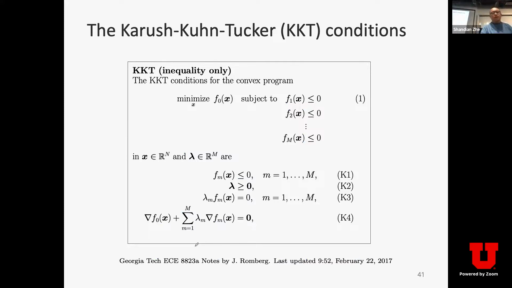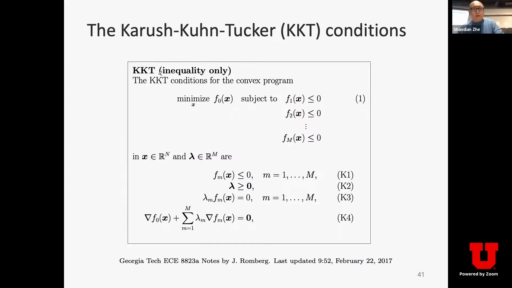So let us look at what the KKT conditions are. Here we're just talking about KKT conditions for a convex problem, or constrained convex problem. There are general KKT conditions, meaning what the KKT conditions are for any constrained optimization problem. Here we only focus on convex programs because we're focusing on SVM, and SVM is a convex optimization problem.